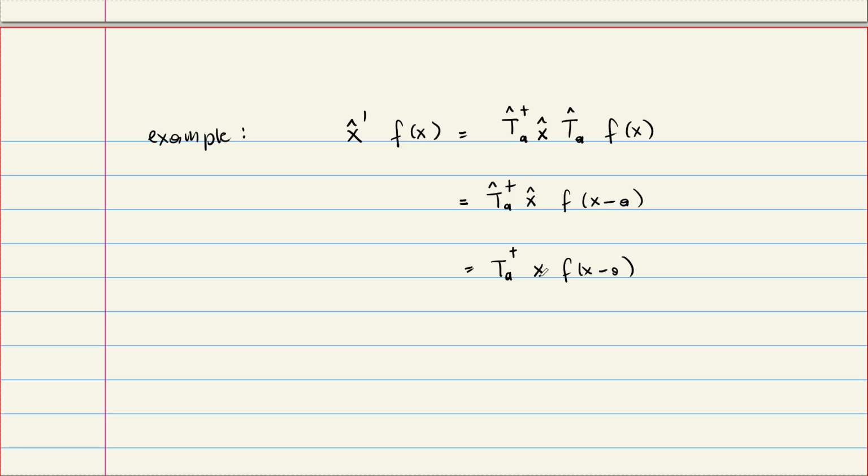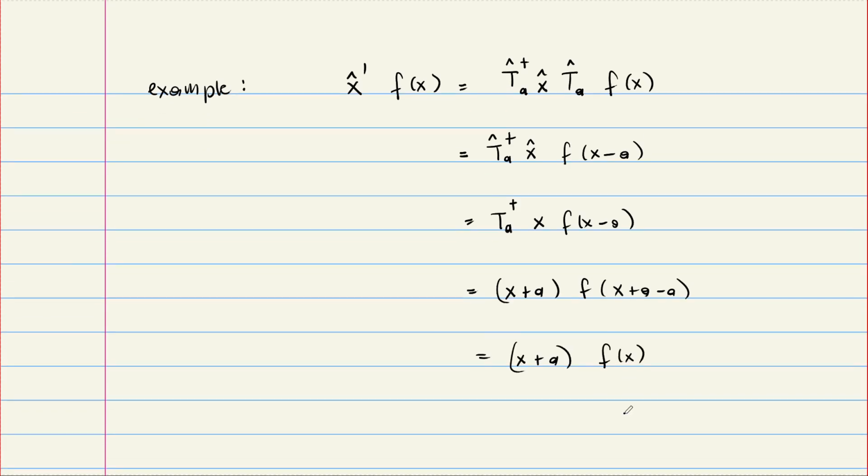Wherever you see x, replace it with x plus a, because it's the inverse of T A. So this is going to be x plus a, f of x plus a minus a. I replace x with x plus a, and there's one more minus a, and this is equal to x plus a, f of x. And from here I can compare. So this is going to be x hat plus a acting on f of x.